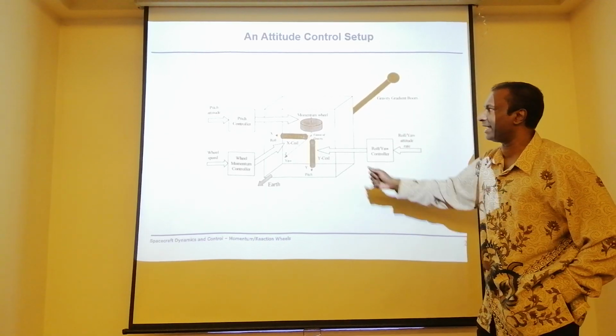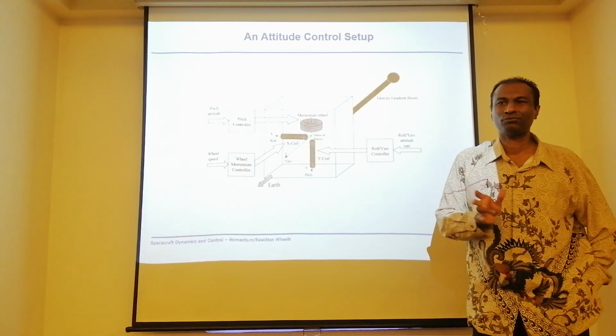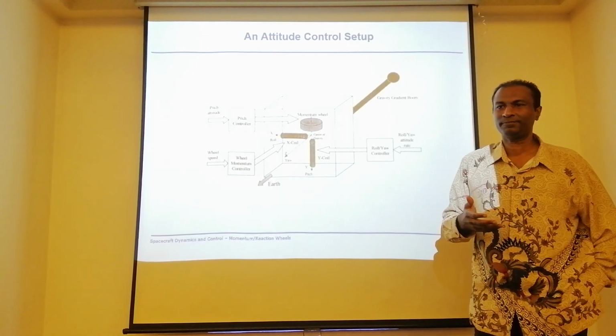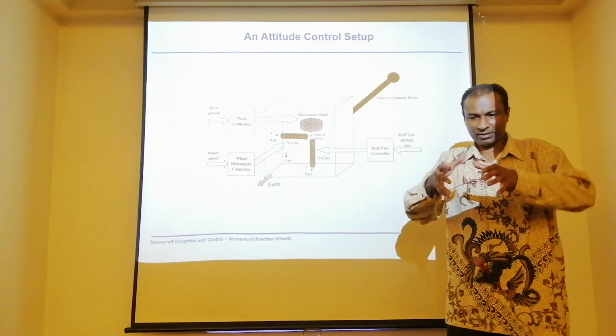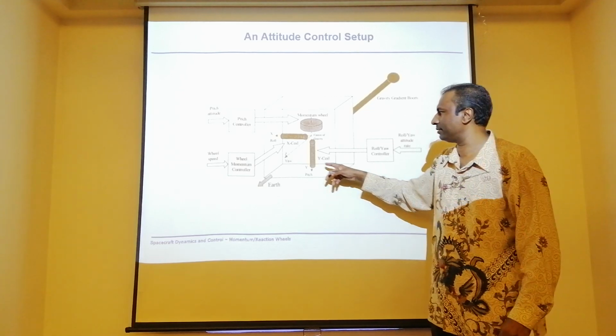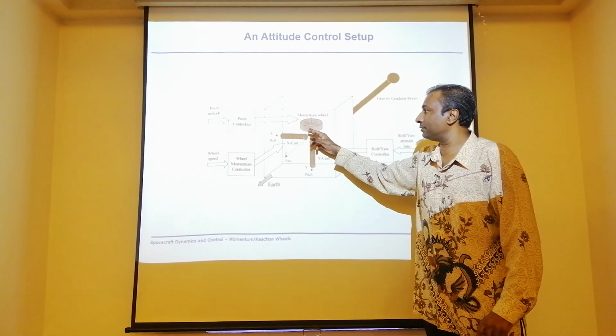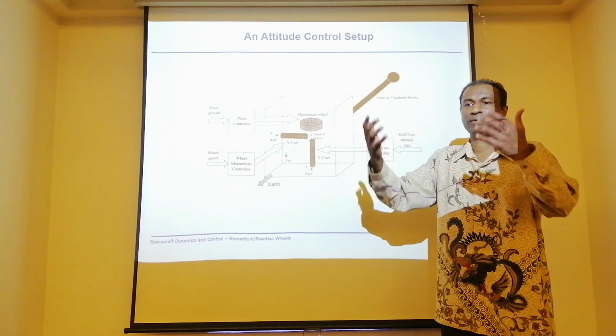Why do I need this? Because the momentum wheel can only provide passive control, that means the gyroscopic stiffness only. That means the nutation is still high. It will just nutate. So in order to dampen that, you provide this. Don't forget another problem: the momentum wheel will start building up speed.